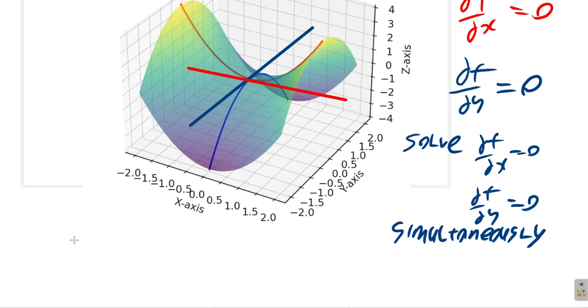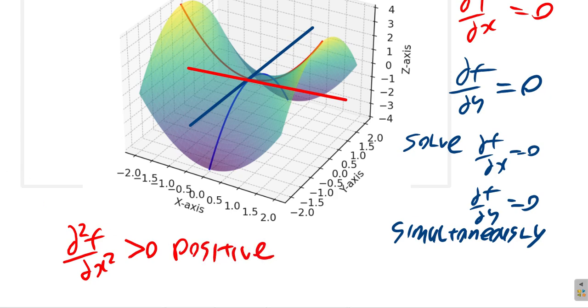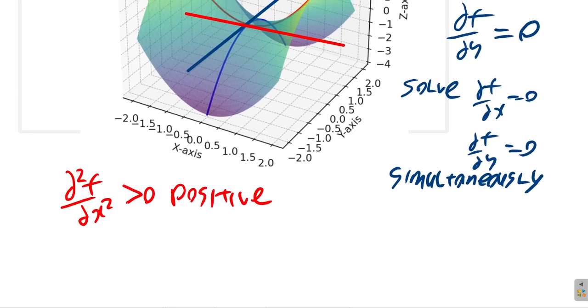From looking at it, you can see that you have a delta squared f by delta x squared. In this case, it will be greater than 0 or positive. When you look at the y, delta squared f by delta y squared is less than 0.